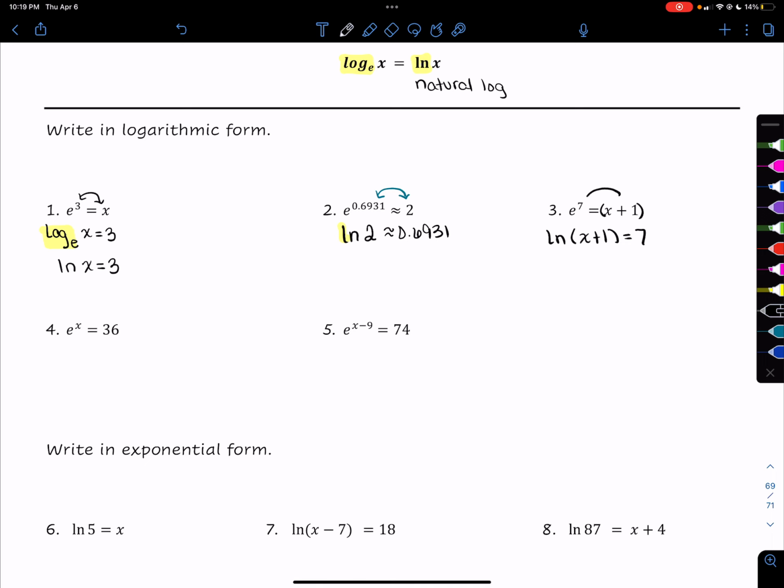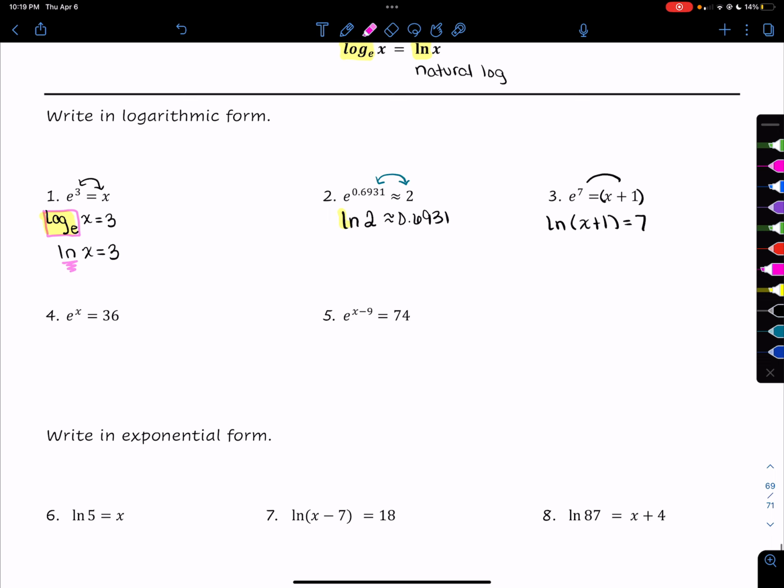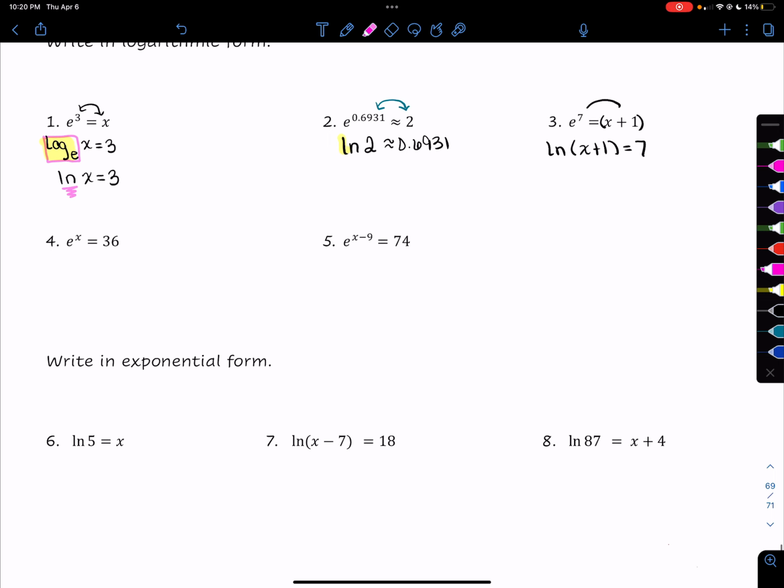Now, some of you are wondering what happened to that e. So I want you to look back at number 1, where we did have a base e, but whenever we have log e, that gets written as a natural log. Okay, so it's not that it's gone, it's just that it's used so often that they decided to turn it into its own symbol of ln.